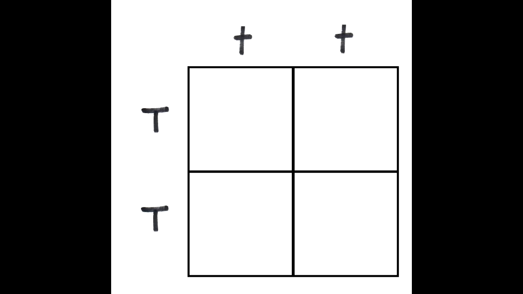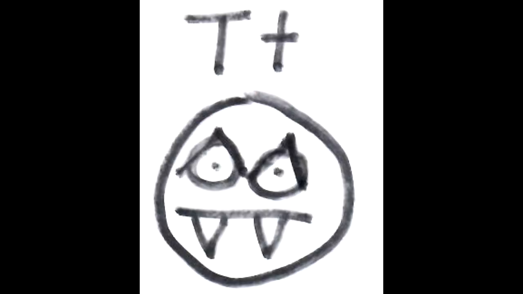So each of these four squares is going to represent one offspring if these two Freakies reproduce together. Offspring number 1, the first baby, would get one dominant gene from the one parent and a recessive gene from the other parent. Remember, I said anytime there's even one dominant gene, that's what will show up. So this first offspring will have downward-facing fangs, the dominant trait.